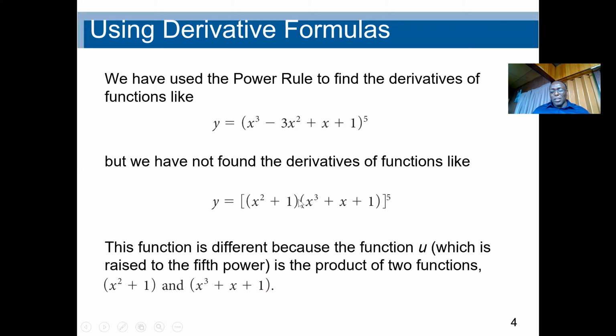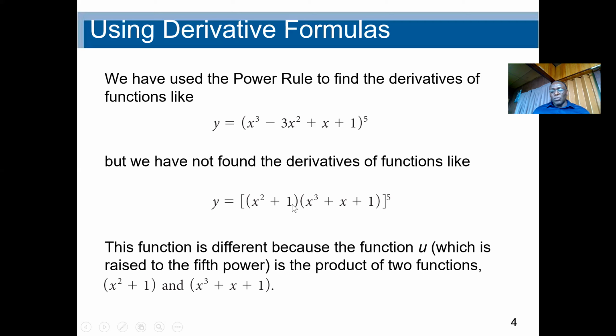But here we have a product. So we use the chain rule: 5 times the two terms here to the power 4. Then we use the product rule for the two terms, which will be the derivative of x squared plus 1 times x cubed plus x plus 1, plus the derivative of x cubed plus x plus 1 times x squared plus 1.